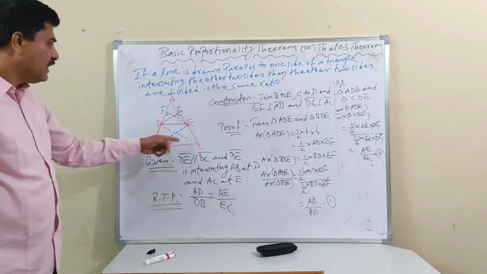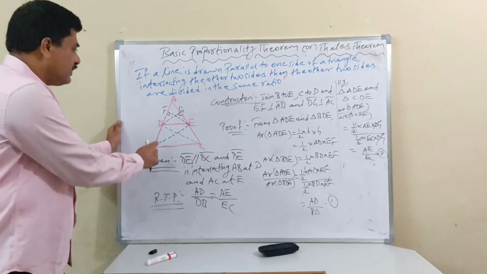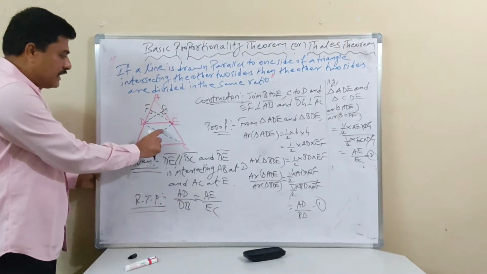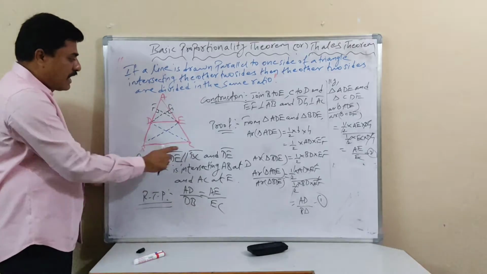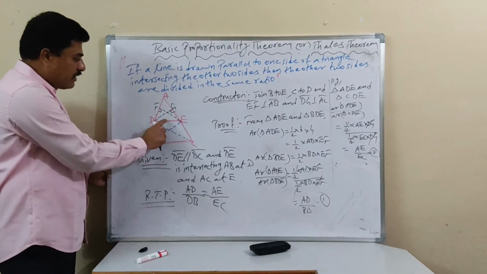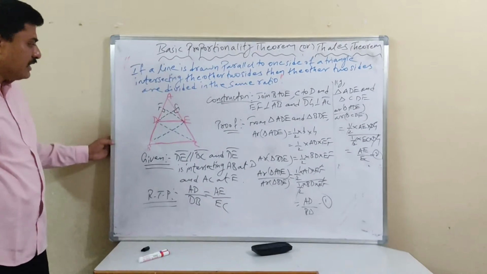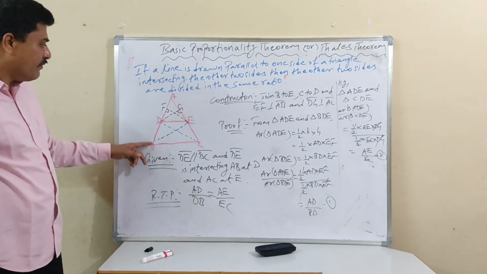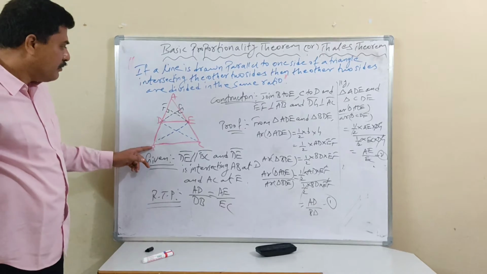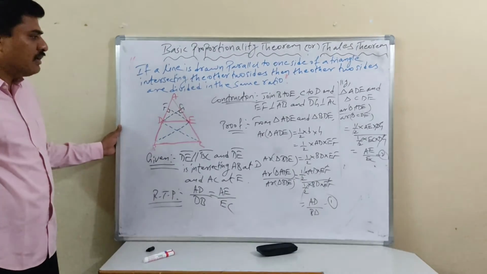BDEC. Both have equal area. So when these two triangles lie between the same parallel lines, DE and BC, and also on the same base BC, then we can say that these two triangles BDE and BCE are equal in area.